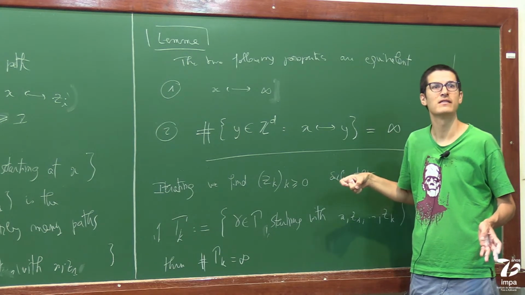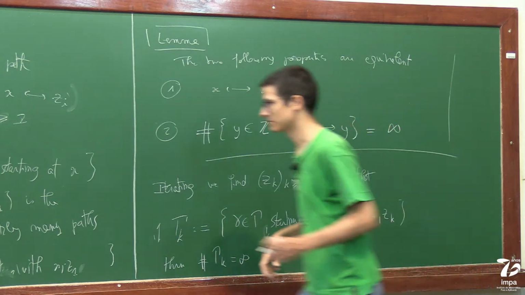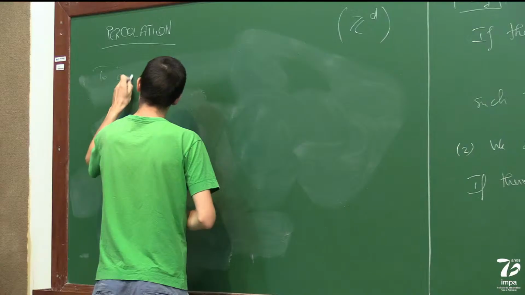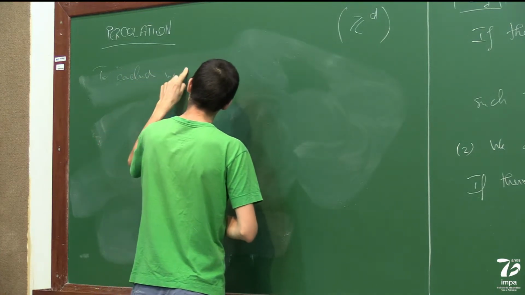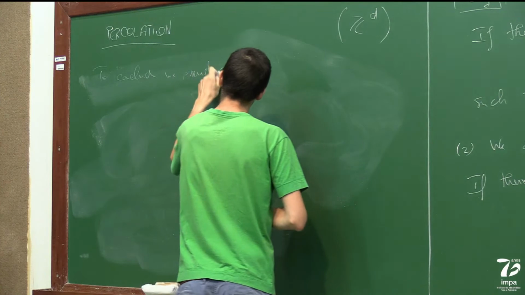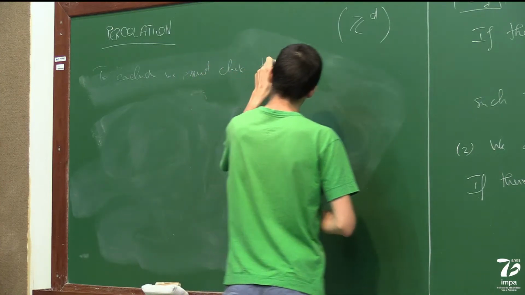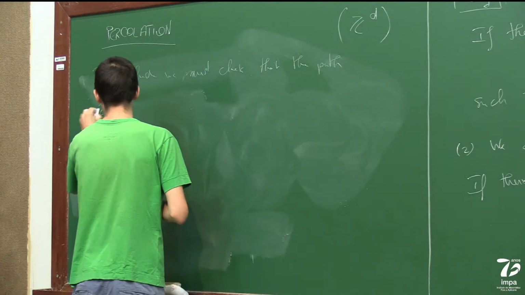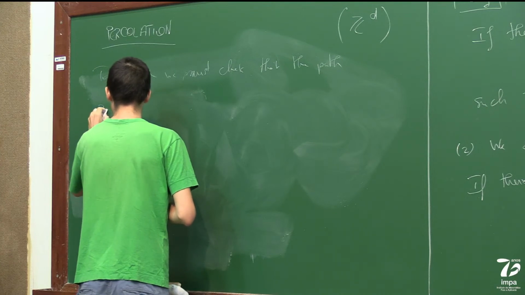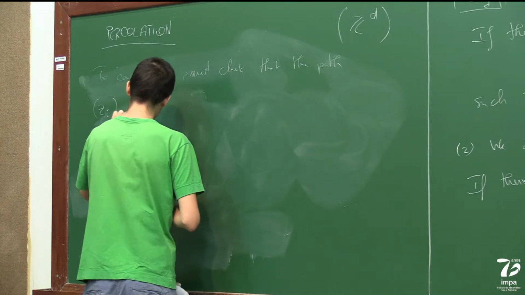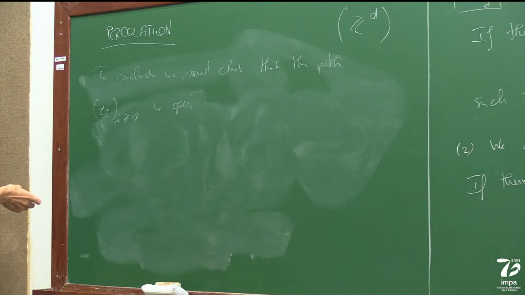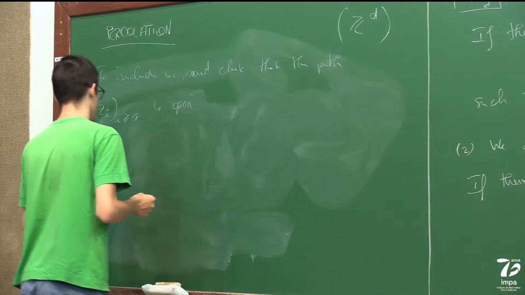Is this last part clear? So to conclude, we must check that the path Zi, i larger than 1, is open.